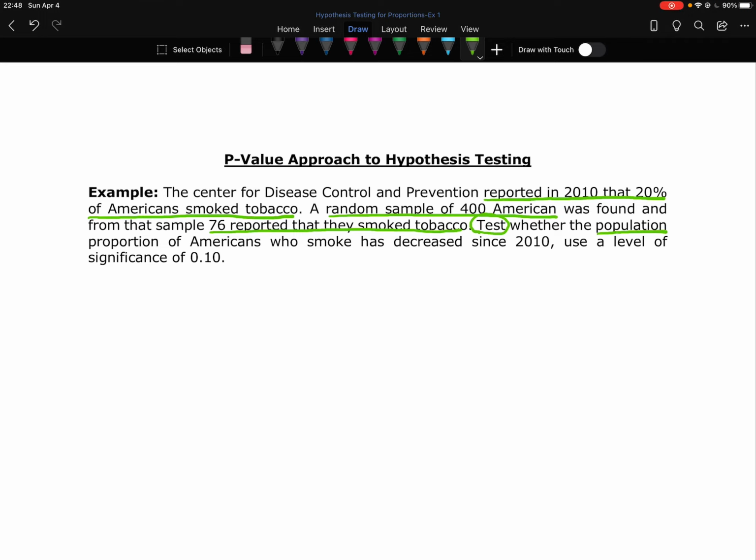This problem was nice enough to give us the word population proportion. We want to see if that proportion has decreased, and then a level of significance of 0.10. That is our alpha. That's what we're going to compare our p-value to determine whether or not we want to reject this null hypothesis or not.